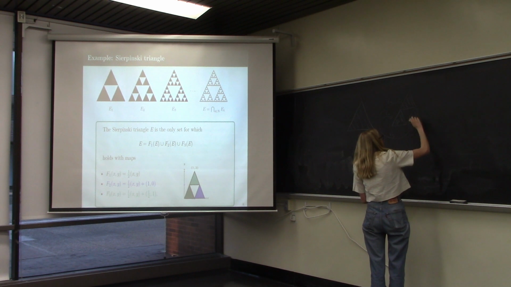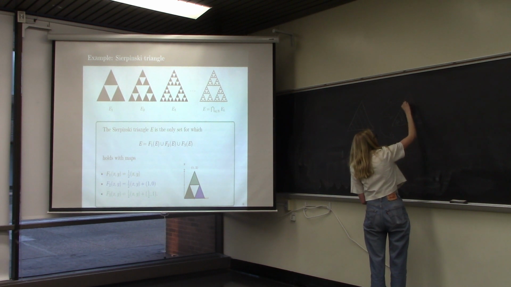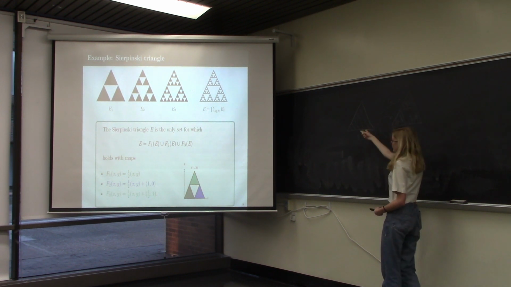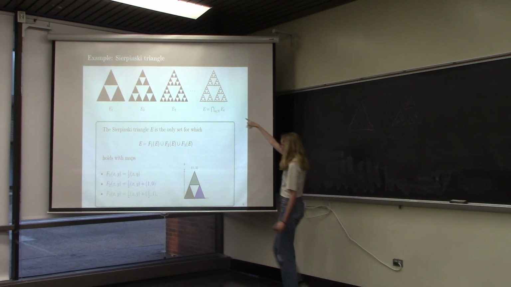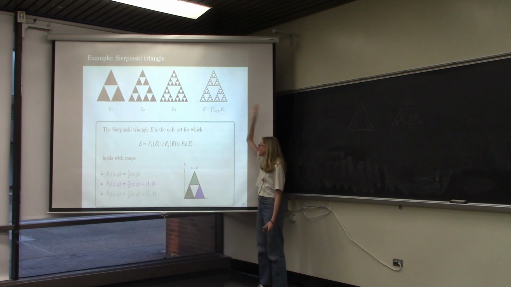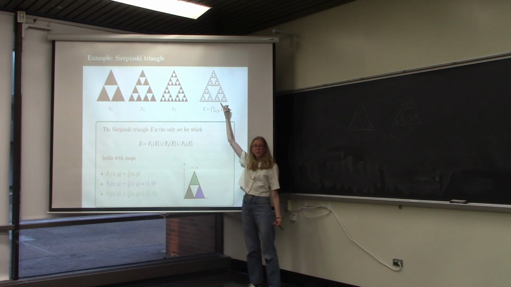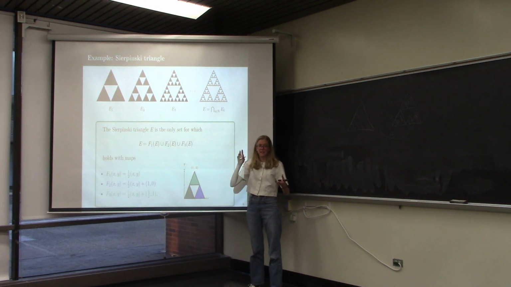So that set here is F2 of E, and this is F3 of E. But here, these 2 sets are clearly not the same, right? But if you would start with that one, or the infinite iteration of it, then what you would get is exactly the same set again.